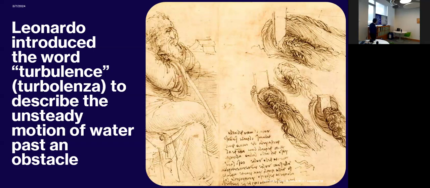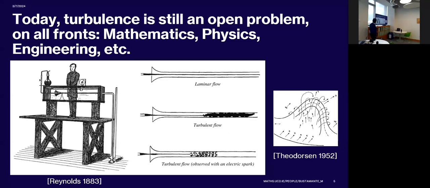All right. So with that, we can start moving on to the future. Say still 400 years later, nothing has happened too much from that original observation of Leonardo. People are doing experiments trying to understand, of course, and there's been a lot of definitions of what turbulence is.